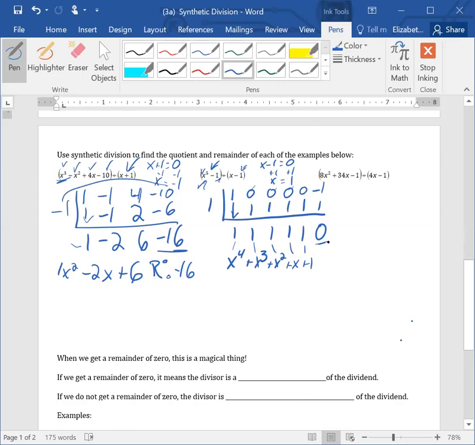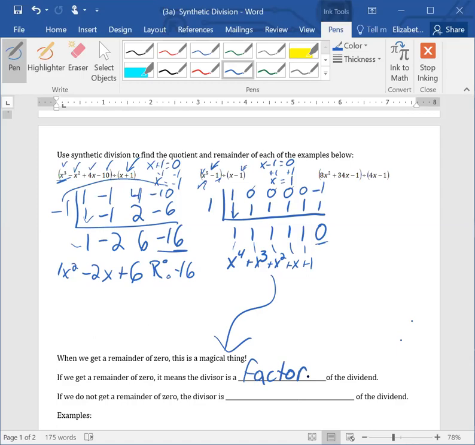All right? Anytime this does happen, and actually, you see right down here, when we get a remainder of 0, this is a magical thing. If we get a remainder of 0, that means the divisor is a factor of the dividend. Remember what a factor is? It's a number that goes into another number evenly, like 3 is a factor of 9 because 9 divided by 3 is 3.